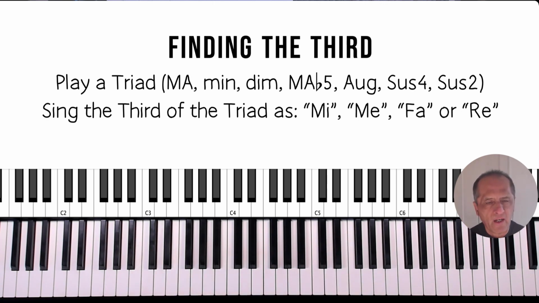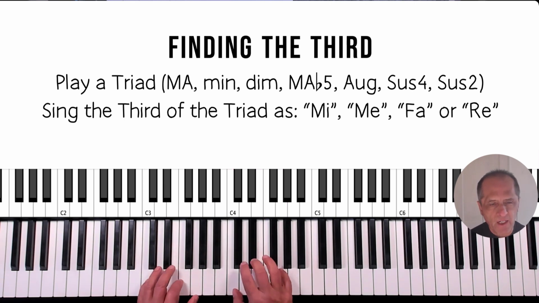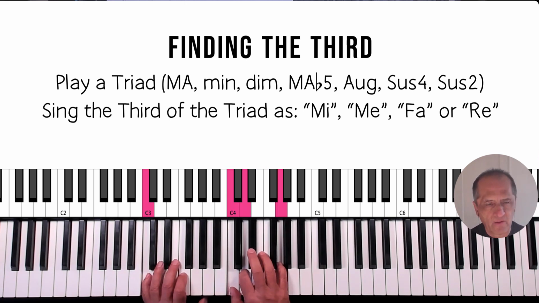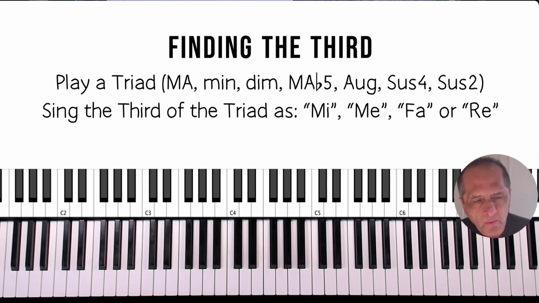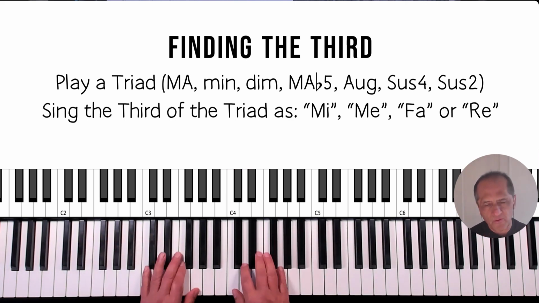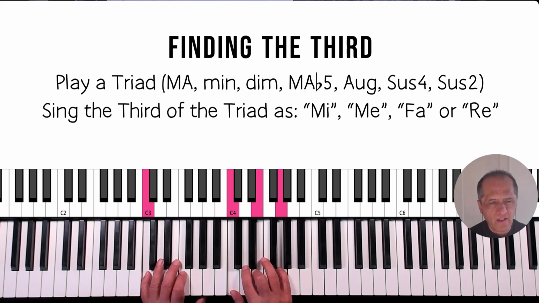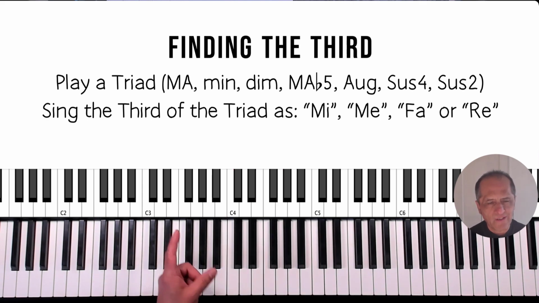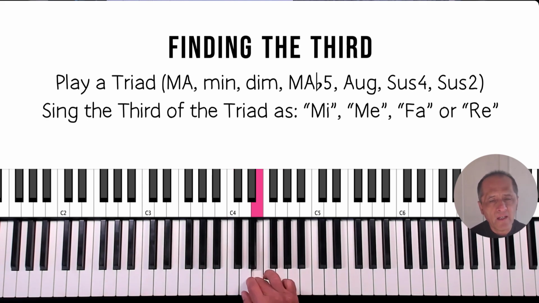We're gonna sing the third of the major, minor, diminished, major flat 5, augmented, sus4 and sus2 triads. I'm gonna play the triad, let's say C major, and we're gonna sing the third, mi.